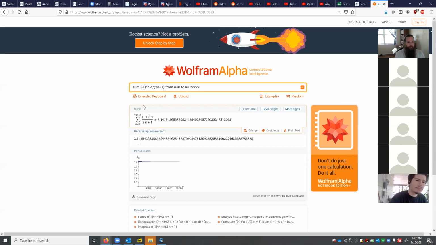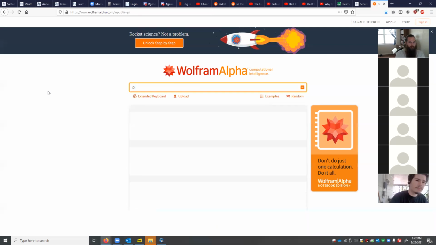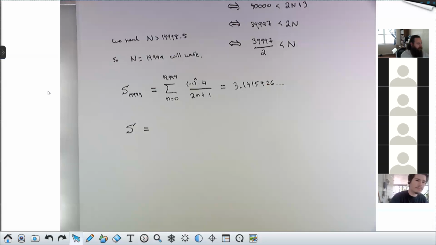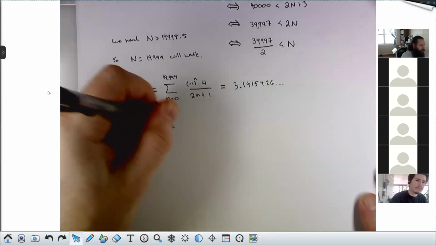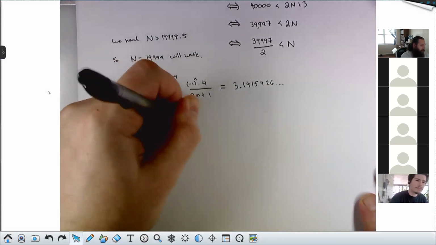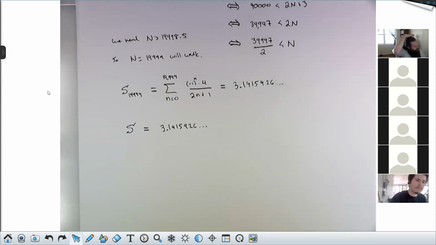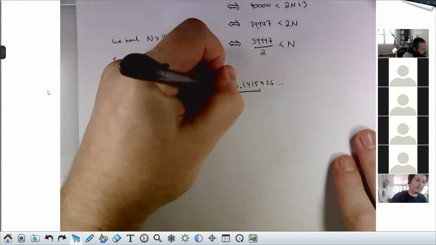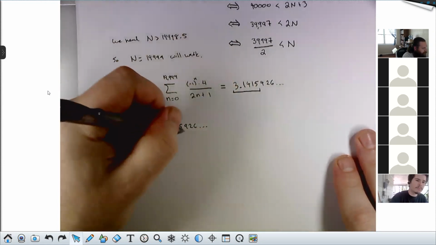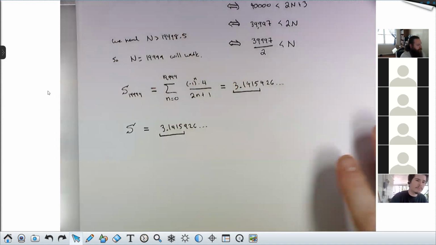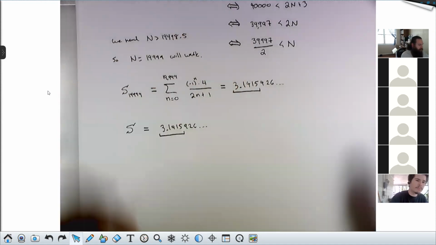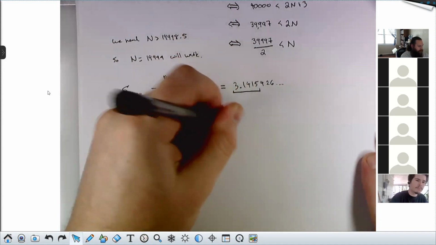And the actual value is pi, which is 3.1415926 blah blah blah. And again, we're good to 3 decimal places. The full sum here is actually just pi.